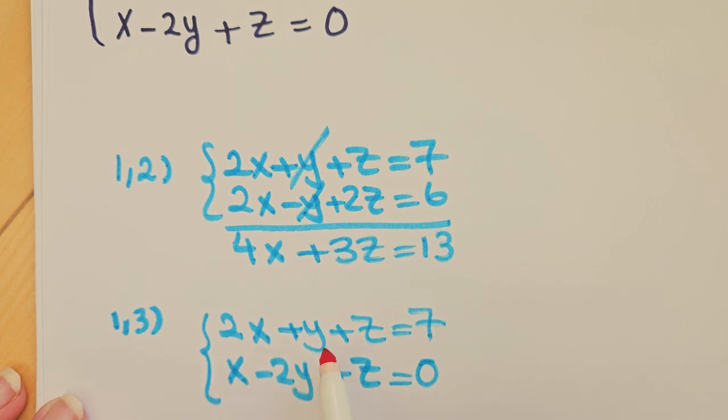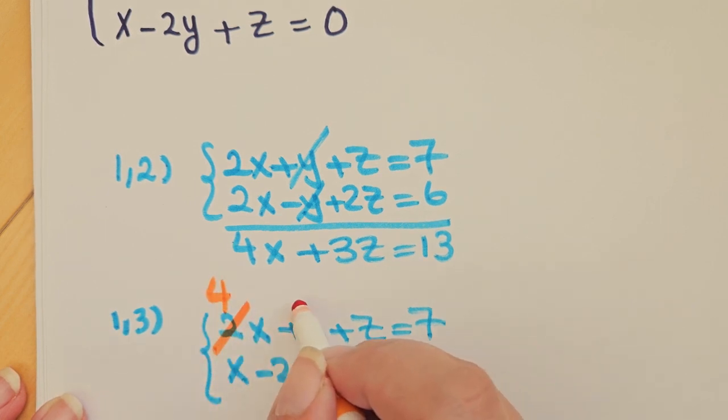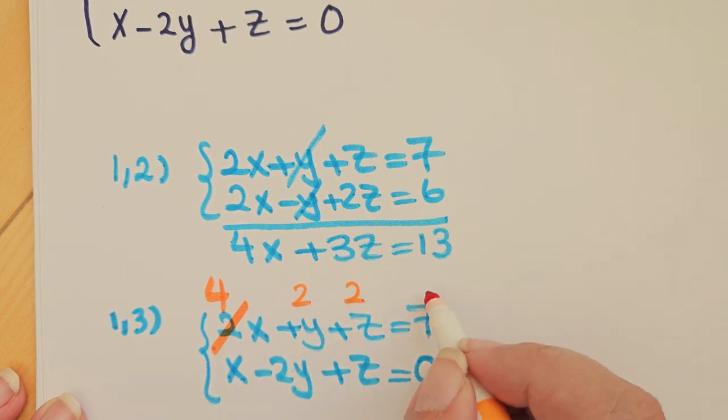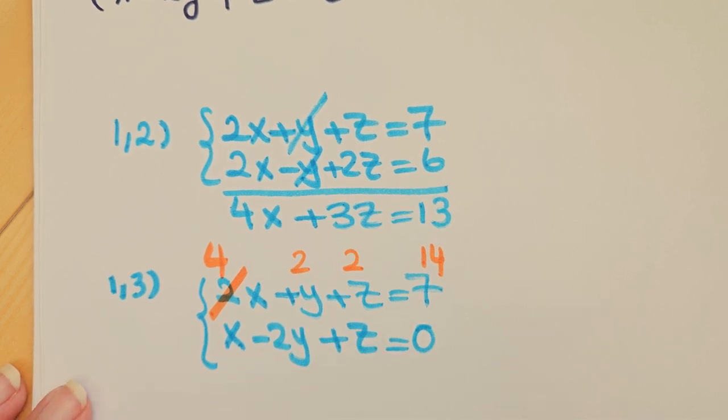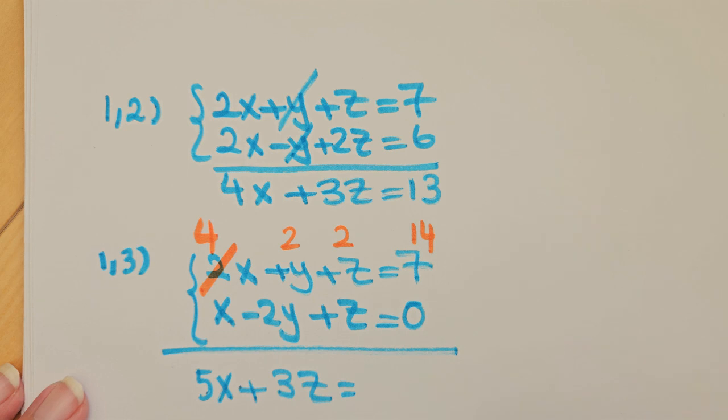If I multiply it by 2, this will be 4x, plus 2y, plus 2z, and this will be 14. Okay, and when I add them together, the final answer would be 5x. The y terms cancel out. I have 2z here plus z, that would be 3z. And the constant is 14.